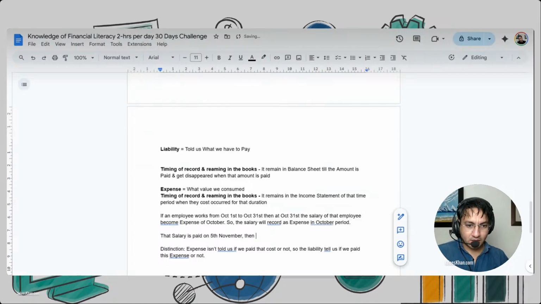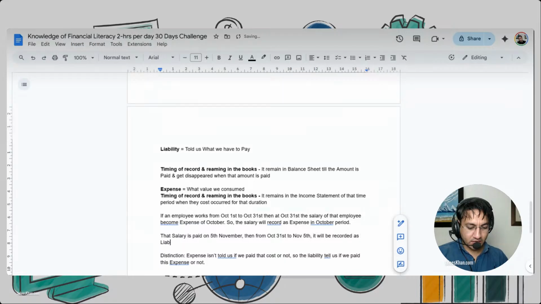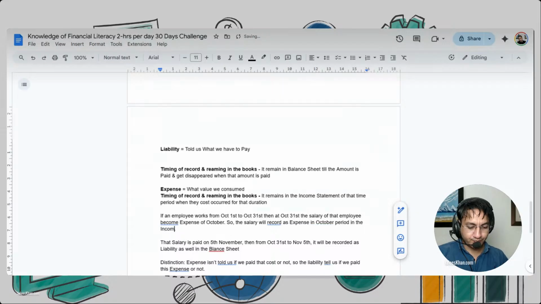The salary is not paid. Then from October 31st to November 5th, it will be recorded as a liability in the balance sheet, while the expense is in the income statement period.